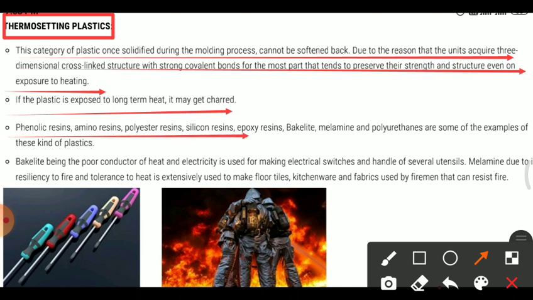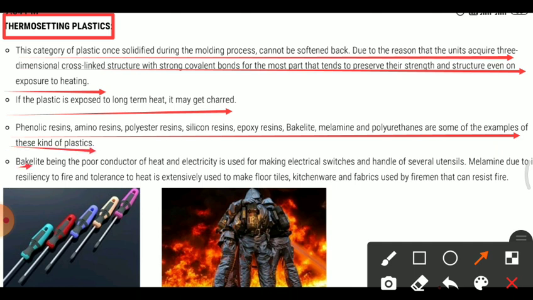Phenolic resins, amino resins, polyester resins, silicone resins, epoxy resins, bakelite, melamine, and polyurethanes are some of the examples of these kind of plastics.